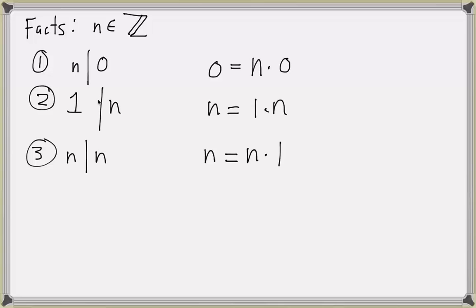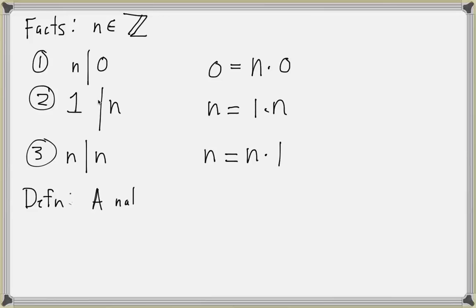Now, I mentioned that every integer has at least one positive divisor, the number 1, but we want to define a special type of integer that has exactly 2 positive divisors, and we call these numbers prime. Here's our definition of a prime number.